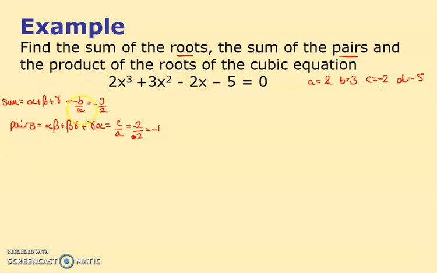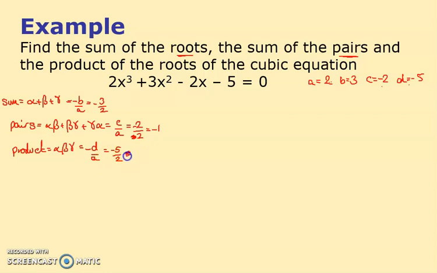It says now the product of the roots. Well, what's the product of the roots? The product, remember, was alpha beta gamma. And alpha beta gamma was minus D over A. These are the formulae that you need to learn. What's minus D? Well, that's minus 5 over 2. But what you can see, it's not hard.